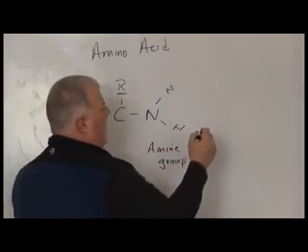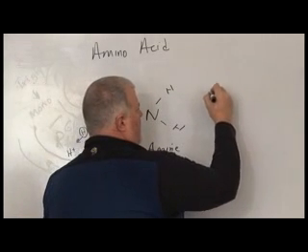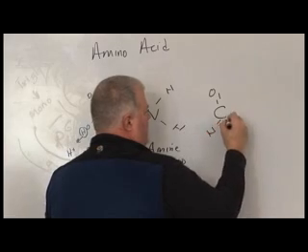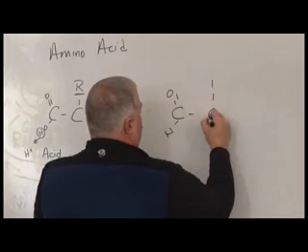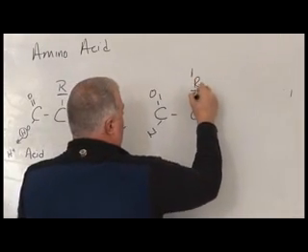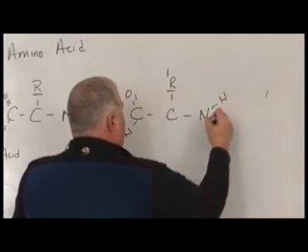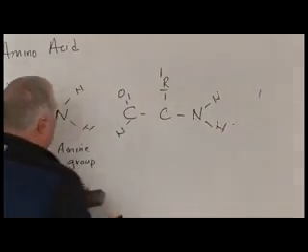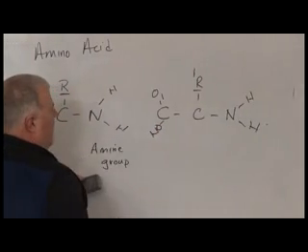So what would happen in our ribosome is that we would have two amino acids that would get combined. And the way we combine it is we essentially remove a water molecule.